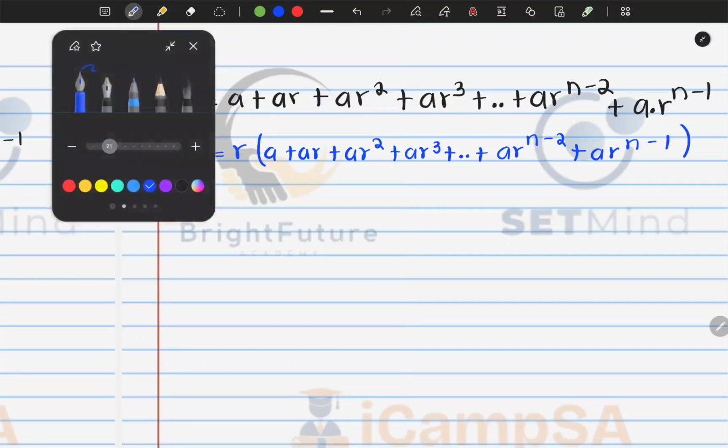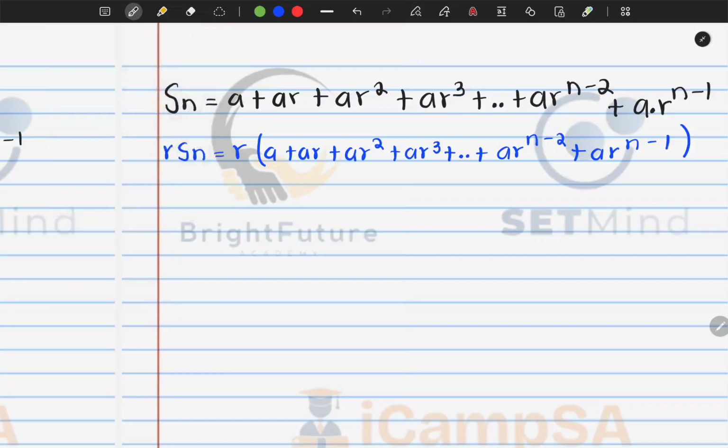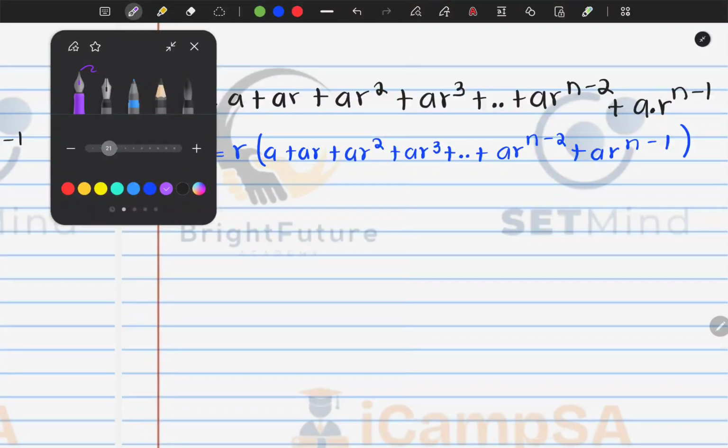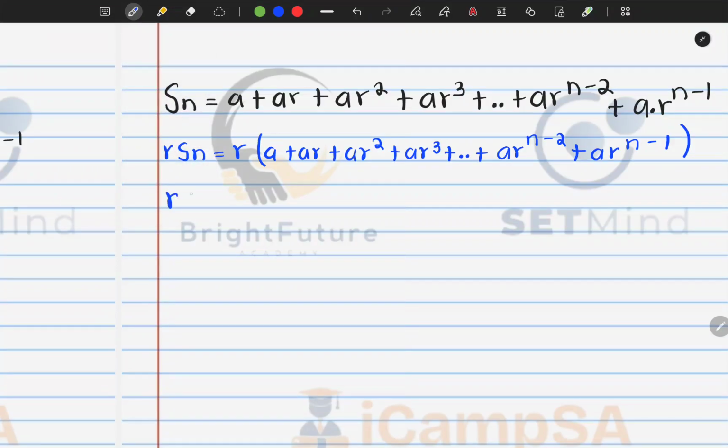Now I'm going to multiply the r in. So if you look at the blue now, r Sn equals ar, then plus ar squared, plus ar cubed, and then plus ar to the power of 4, plus, and so on.